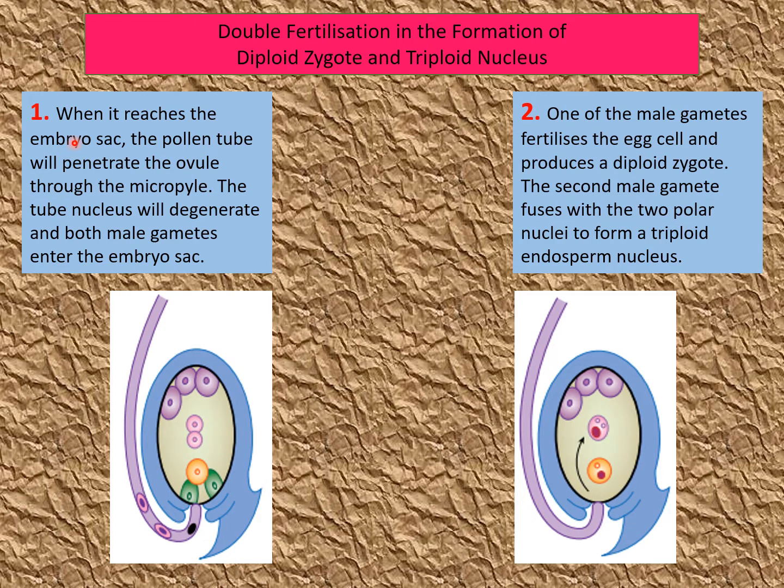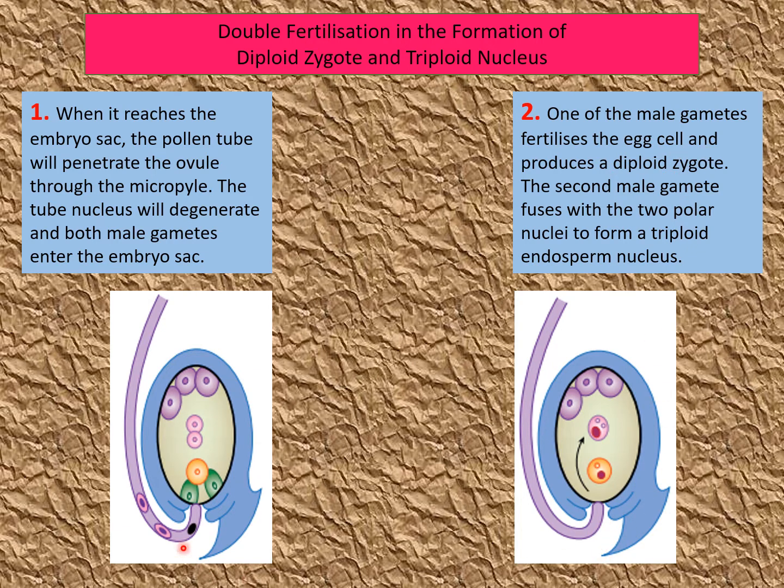Number one, when it reaches the embryo sac, the pollen tube will penetrate the ovule through the micropyle. The tube nucleus will degenerate, and then both male gametes enter the embryo sac. And then number two, one of the male gametes fertilizes the egg cell and produces a diploid zygote.